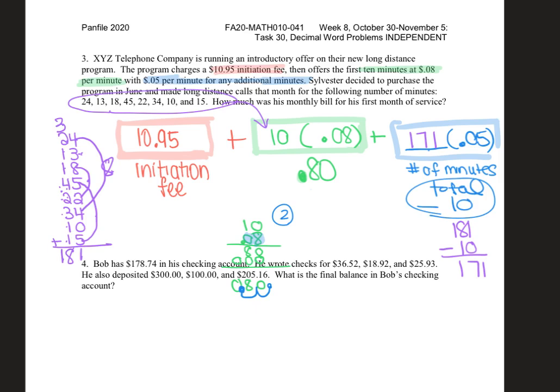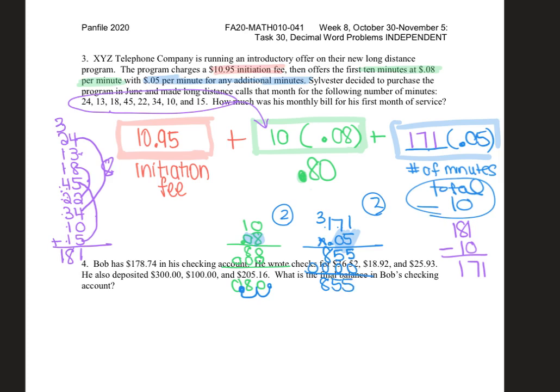Now I also have to do 171 times 0.05. Now there's still, if I look, 2 places to the right there, and I multiply. So I get 5, 35, 8, 0, 0, 0, 0, and I get 855.